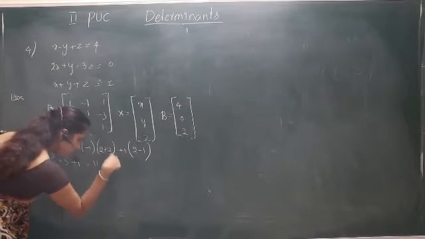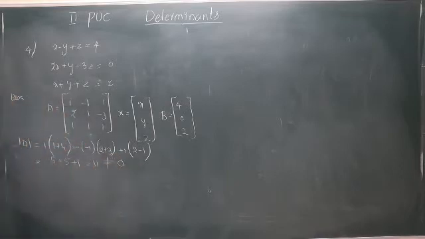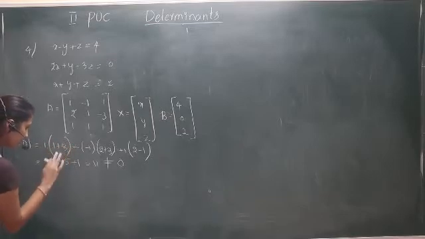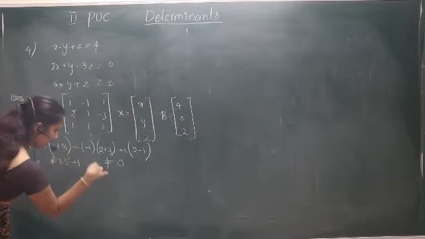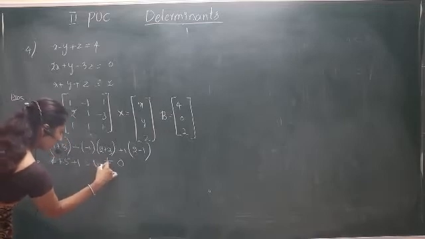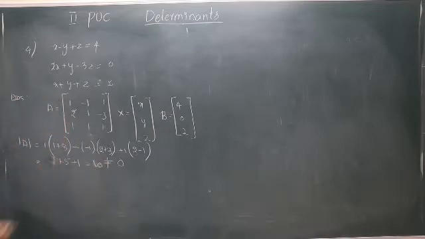That is 11, and 11 is not equal to 0. Correcting the calculation: 1 plus 3 is 4, so it will be 4, then it will be 10. So 10.